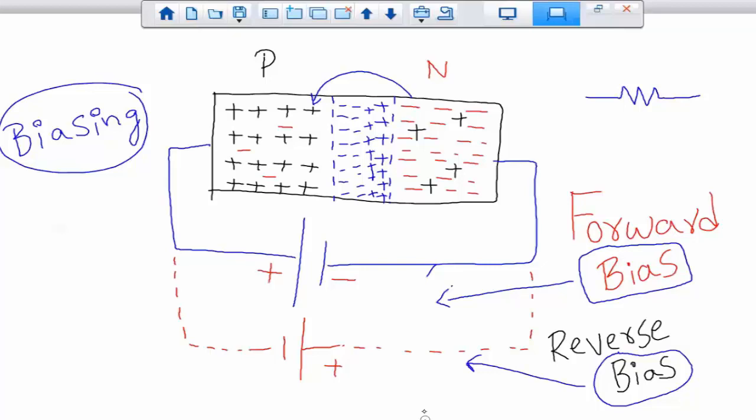But semiconductors always have some requirement. You need to provide at least this much in order to have an appreciable amount of current. Does that make sense? Such as in this case, a p-n junction requires at least 0.7 to have good current flow.